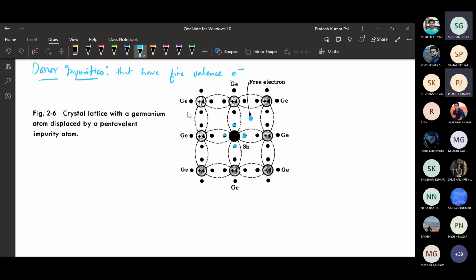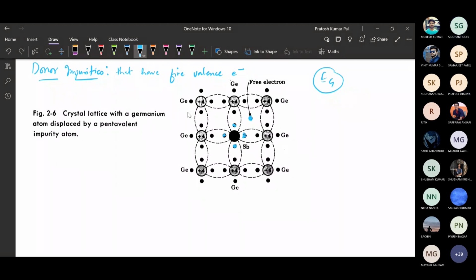So that external energy in this pentavalent doped semiconductor will be very less compared to before, where we were requiring Eg amount of energy to move the electron from the covalent bond to the conduction band to make the electron free. If we want to move the free electron to the conduction band, then we will be requiring very less energy once we have done the doping.